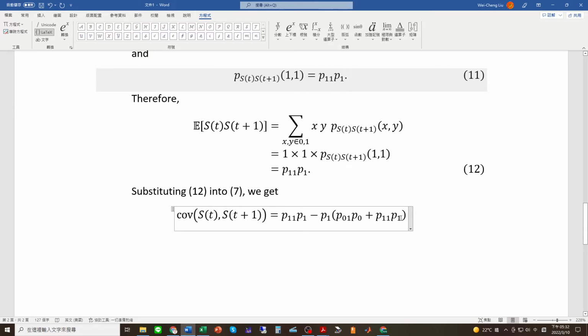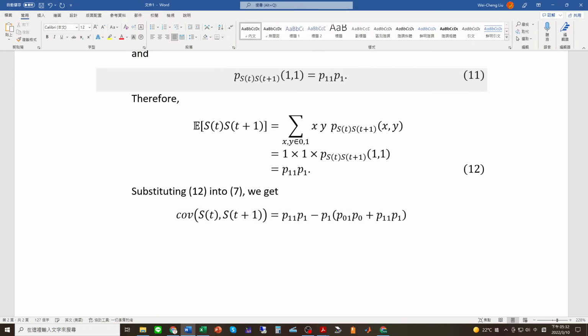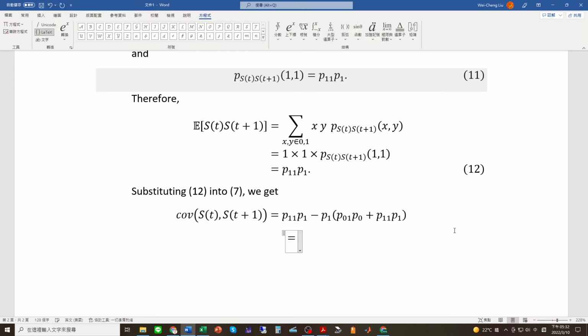We can find these two terms have a common term, that is P1, so we can move P1 to the leftmost of this equation.